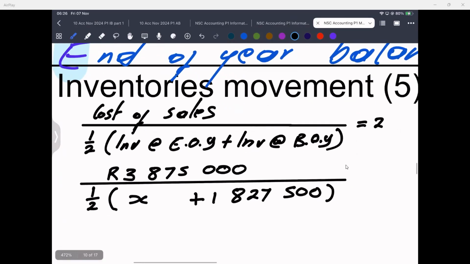All of this will be equal to 2. I will divide this by 1. Since there's an equal sign here, I can just cross multiply. So you multiply the numerator with the denominator.